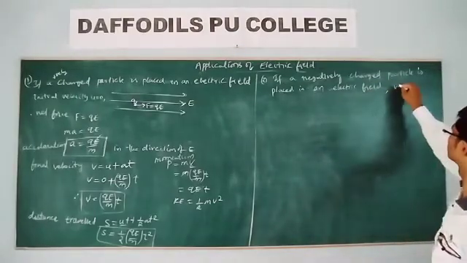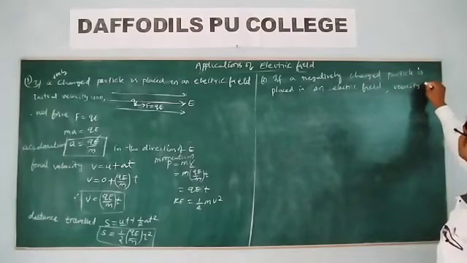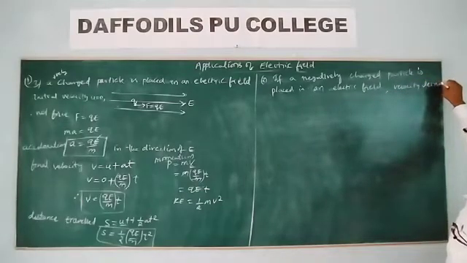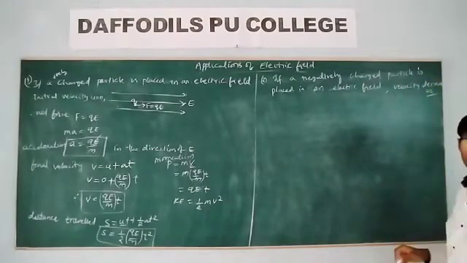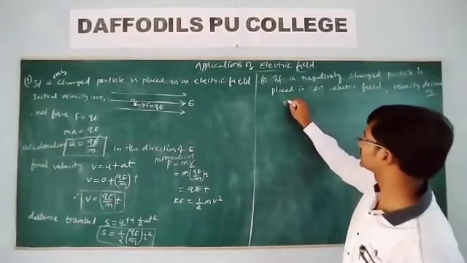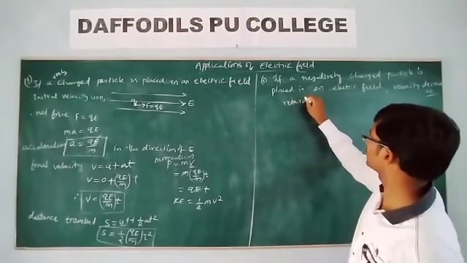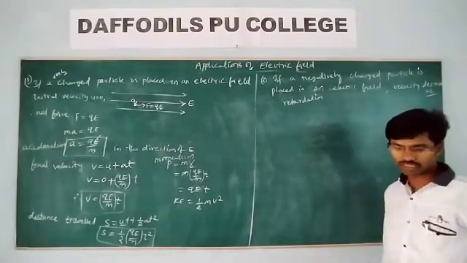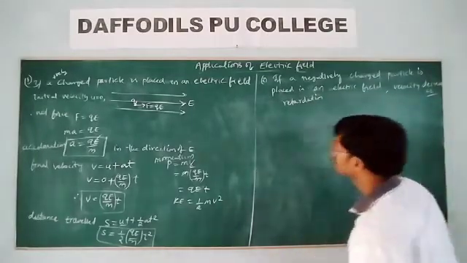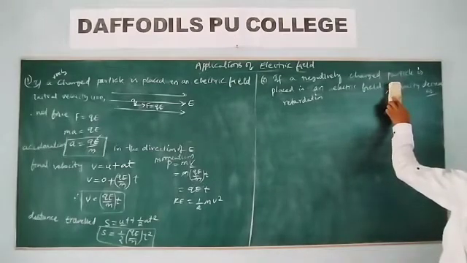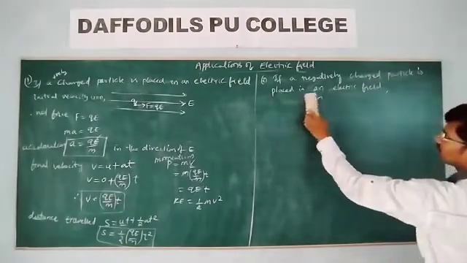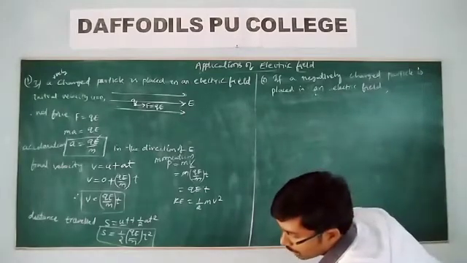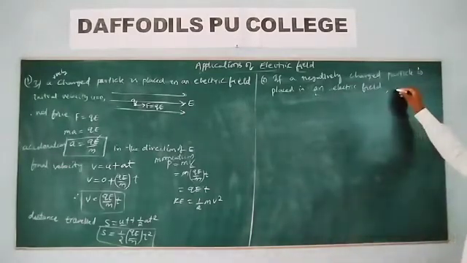Velocity will decrease, and it is retardation. That means the body will be in retardation. That means here the charged particle will be accelerated opposite to the direction of the electric field.